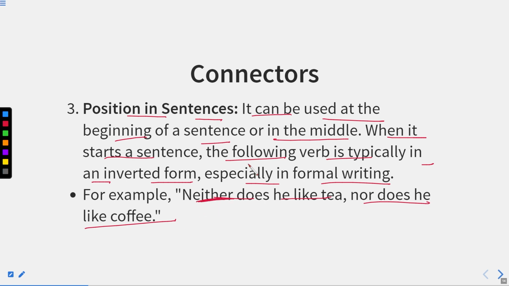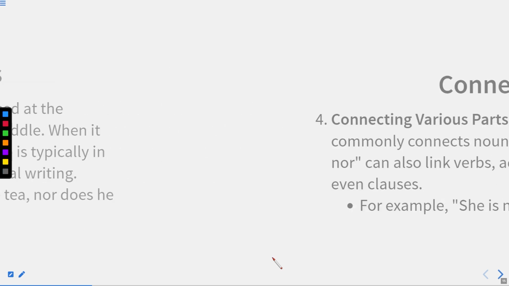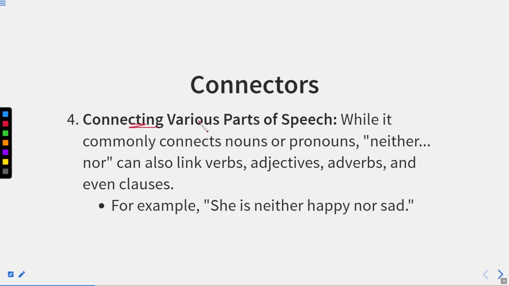When we are placing neither in the beginning of the sentence, we can follow the inversion rule that we have already discussed in the chapter of adverb and conjunction. Now, connecting various parts of speech. While it commonly connects nouns or pronouns, neither nor can also link verbs, adjectives, adverbs, and even clauses. For example, she is neither happy nor sad.